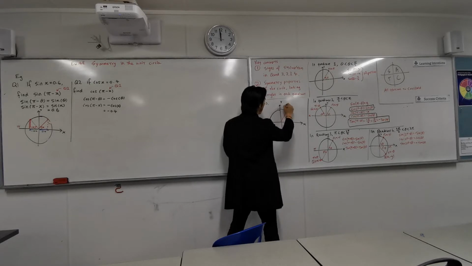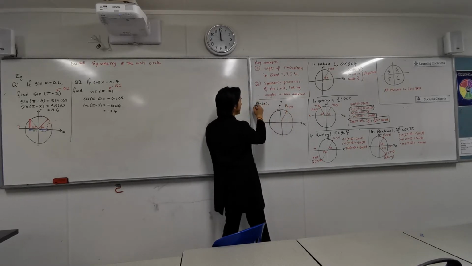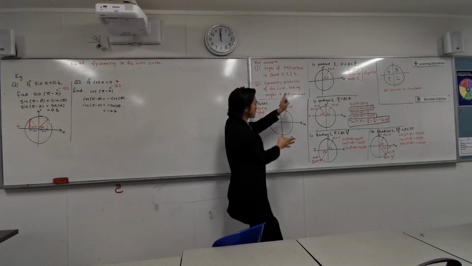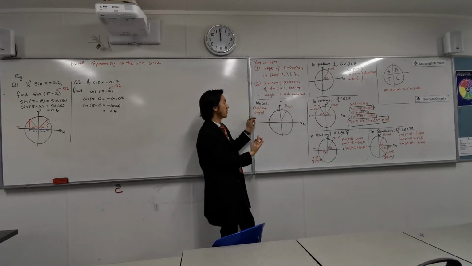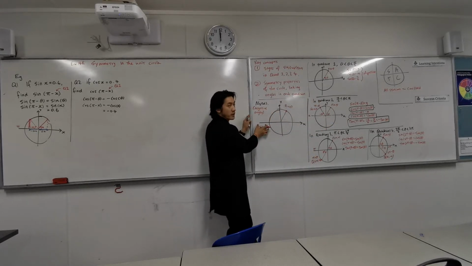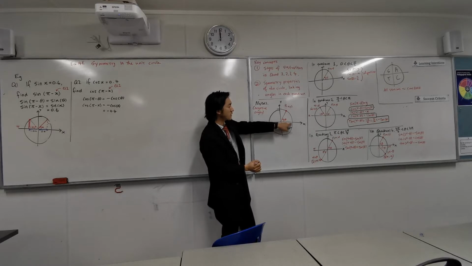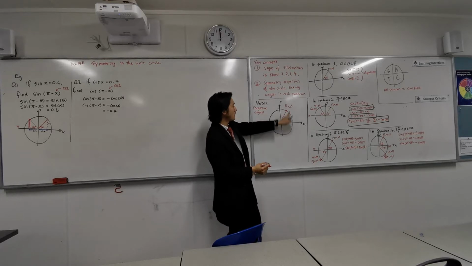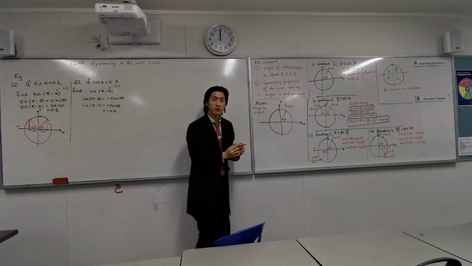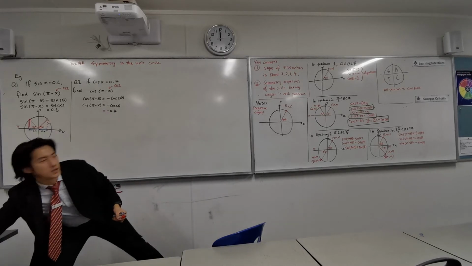So here's point P, x, y, and I'm going to label this negative angles. This is going to be a bit separate from all the others, but we're still dealing with symmetry. This has got to do with negative angles. Now keep in mind that our angles should be measured from the positive x-intercept in the anti-clockwise direction. But if we go in the clockwise direction, this is what happens.